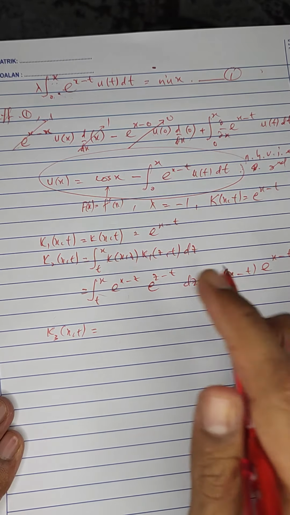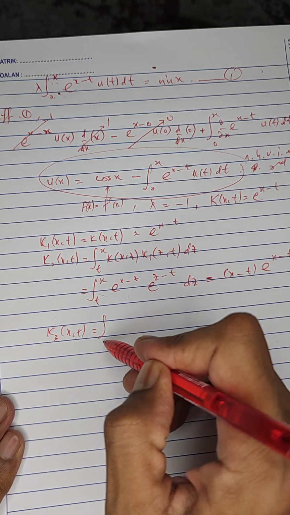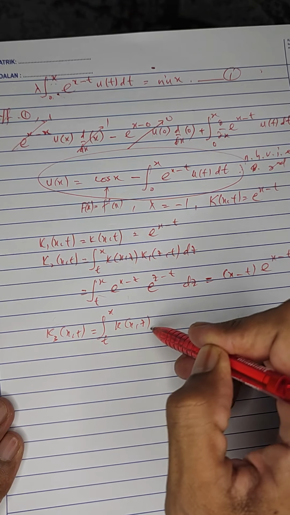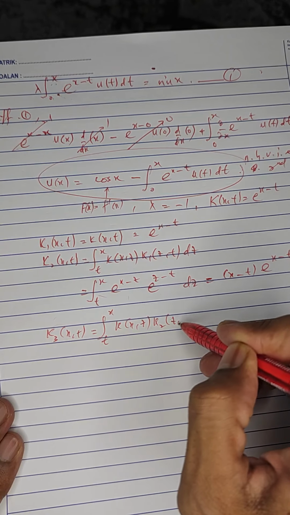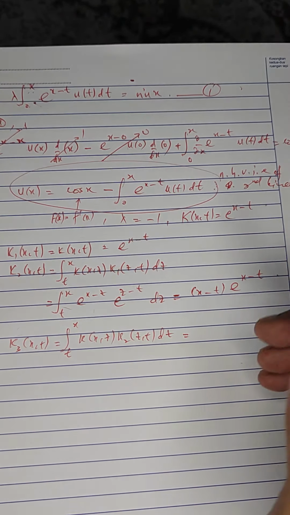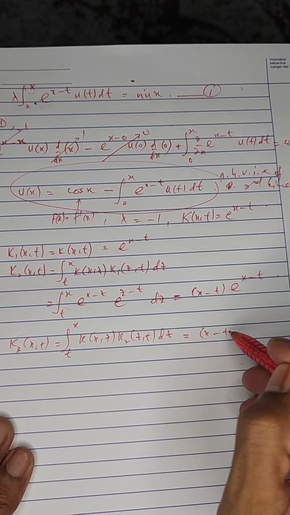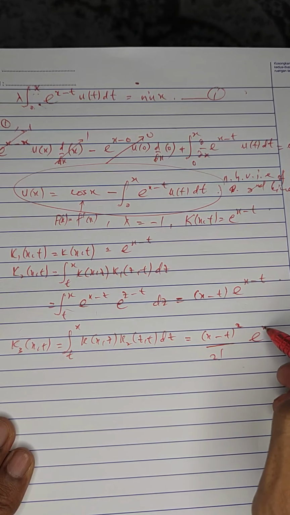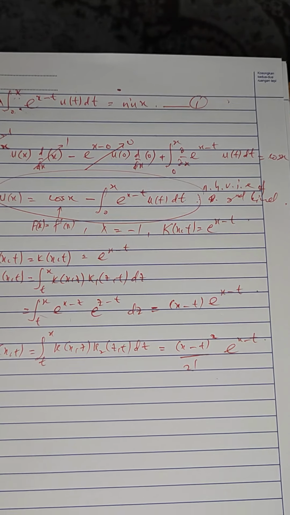Then you can find K3 using the same process. K3 is given as the integral from t to x of K(x,z) K2(z,t) dz. If you do this, you're going to have (x-t)^2 over 2 factorial times e^(x-t).